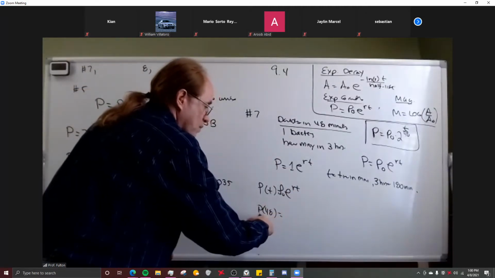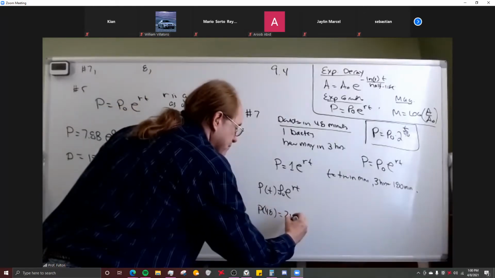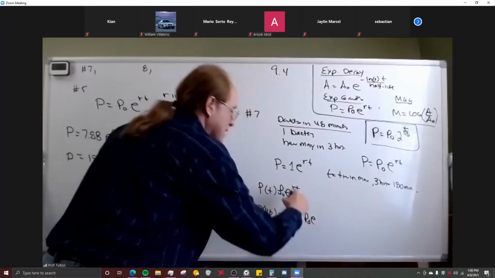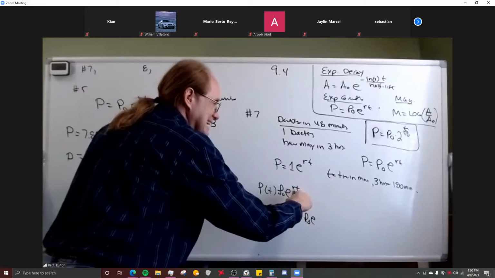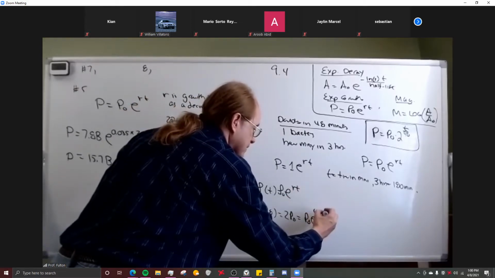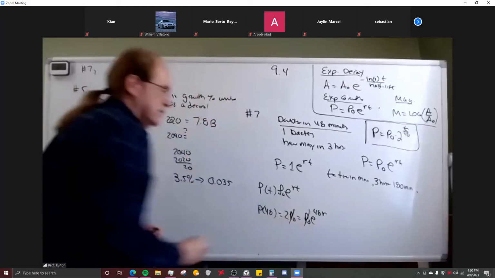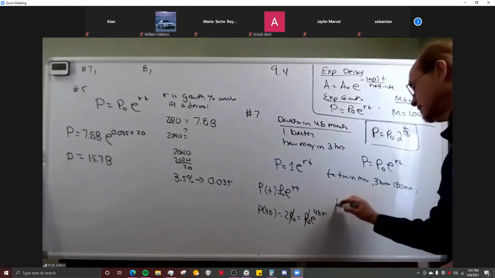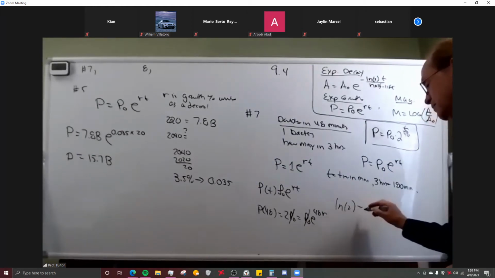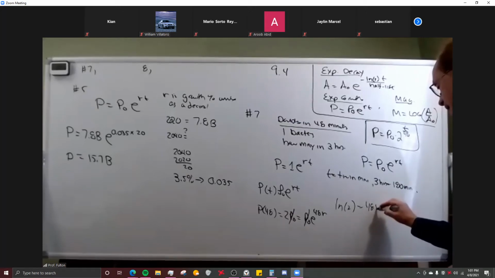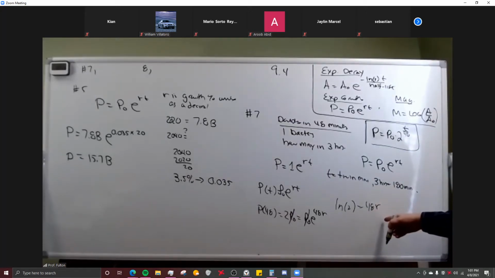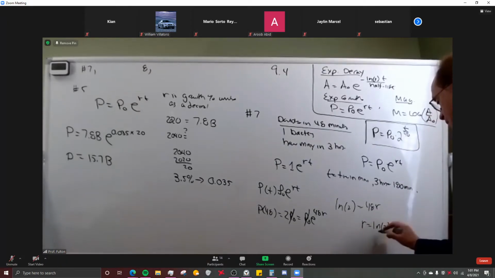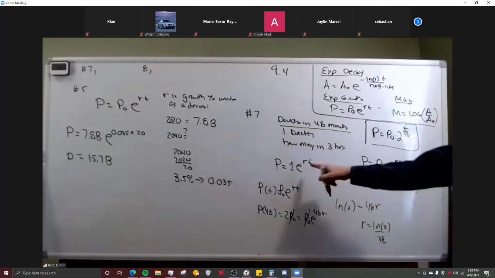After 48 minutes, that amount doubles, so I now have 2 P0, and that's equal to P0 e to the R, which is what I'm looking for, times T, which I've been given as 48 minutes. The P0s go out. Then I simply take the natural log of both sides. I have the natural log of 2 is equal to 48 times R. Now I simply divide both sides by 48, and I get R is the natural log of 2 over 48. That's what goes into my model here.